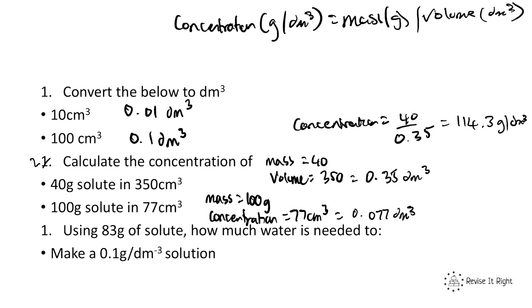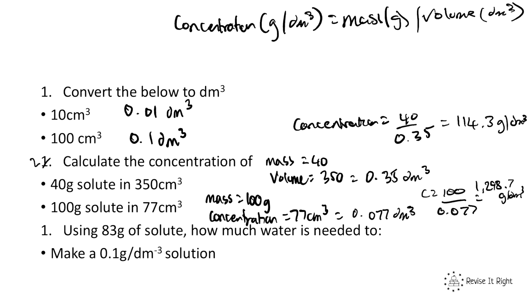And we can write that into our equation. So concentration is equal to 100, which is the mass, divided by 0.077, which is the volume. So 100 divided by 0.077, and we get 1,298.7 grams per decimeters cubed.